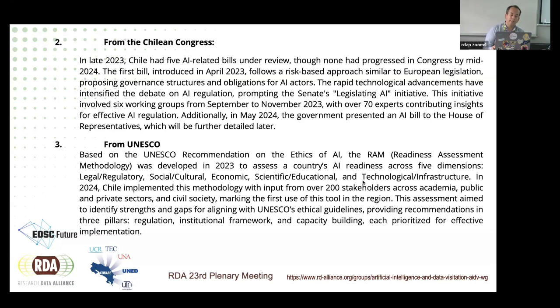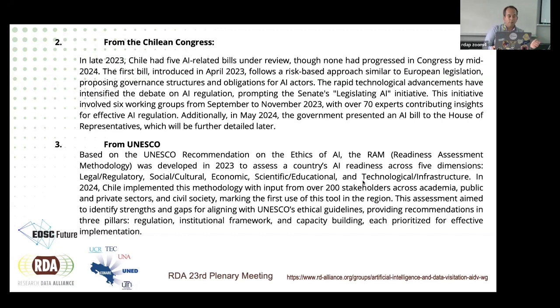be further detailed later. And from UNESCO, based on the UNESCO recommendation on the ethics of AI, the RAM readiness assessment methodology was developed in 2023 to assess a country's AI readiness across 5 dimensions: legal and regulatory, social and cultural, economic, scientific and educational, and technological infrastructure.